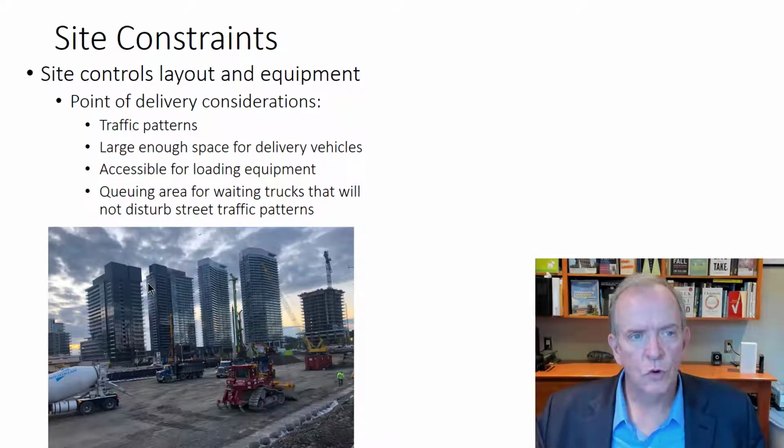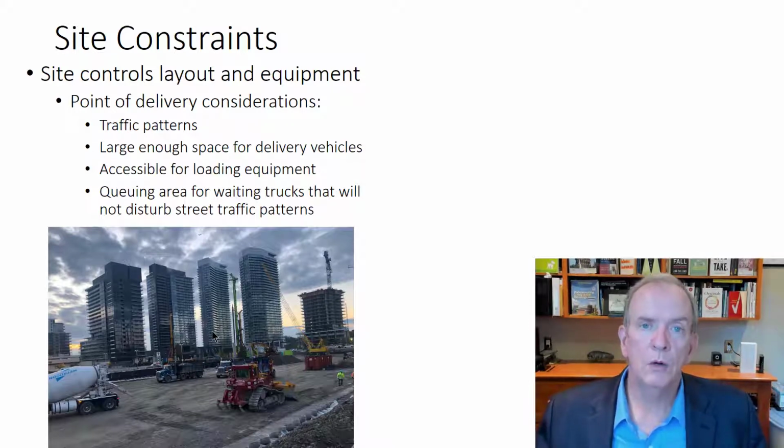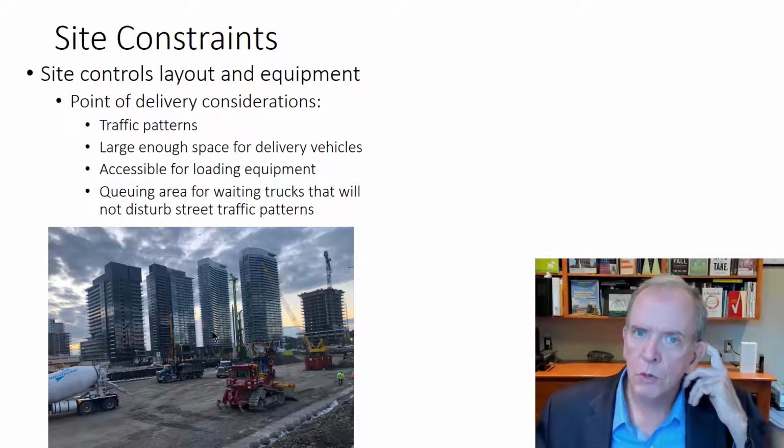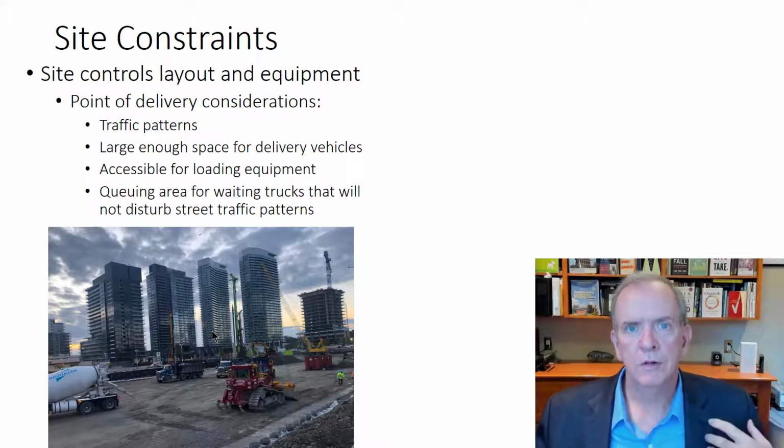So site controls, layout and equipment. Point of delivery: traffic patterns, large enough space for delivery vehicles, accessible for loading equipment. Maybe you've got one loading dock, and if all your trades order equipment and supplies at the same time, you're going to have delivery trucks wrapped around the block. So that needs to be coordinated, and you have to set some rules and processes in place.